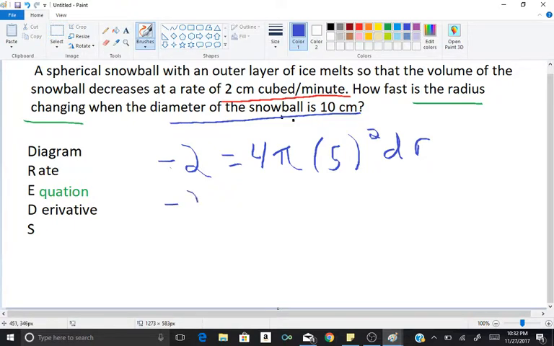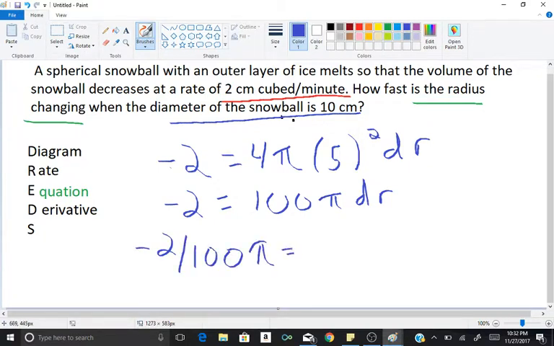So negative 2 equals 100 pi times dr. To get dr by itself, we're going to do negative 2 over 100 pi equals dr.